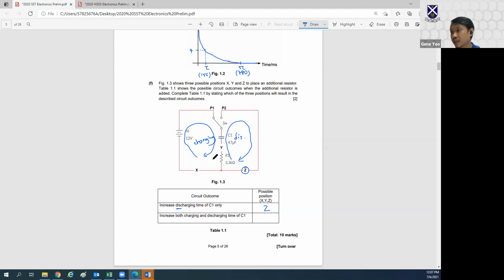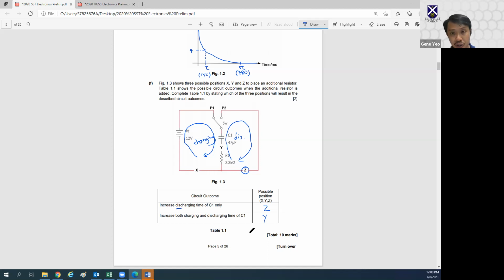Like I was saying, position Y is going to affect both the discharge and the charging. So this is position Y. That is question 1. Any doubts?